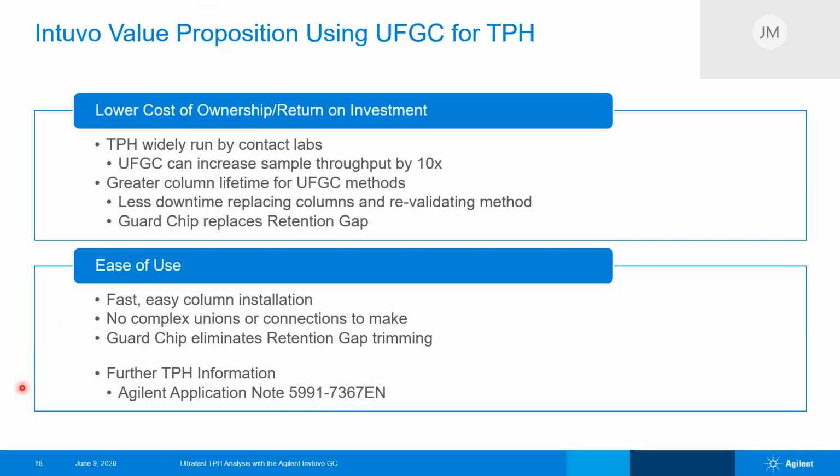It's a more expensive inlet, so I don't know what it would get you other than more flexibility. So if you wanted to use this Intuvo for other things where temperature programming the inlet was required, then that would give you more flexibility, and you could run this method on that, just leaving the inlet temperature at 350 degrees like we did with the splitless.